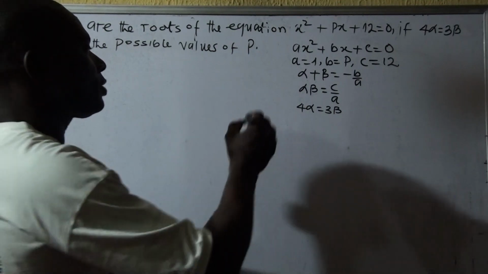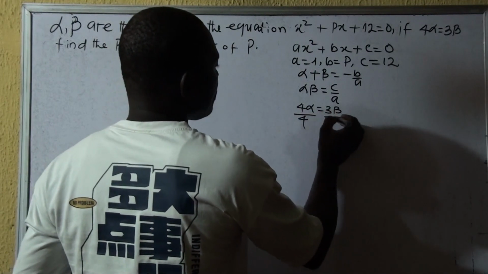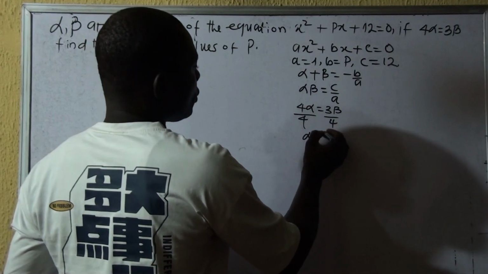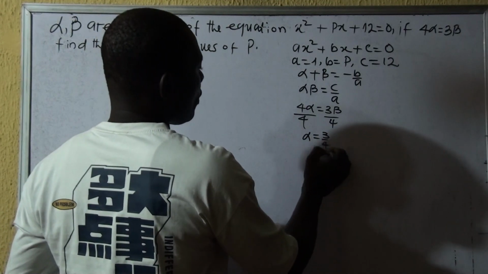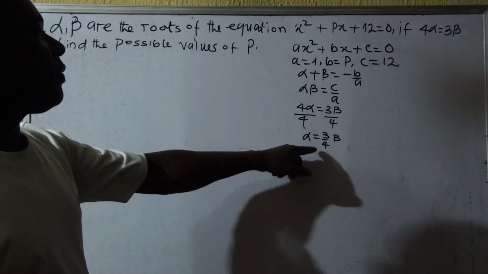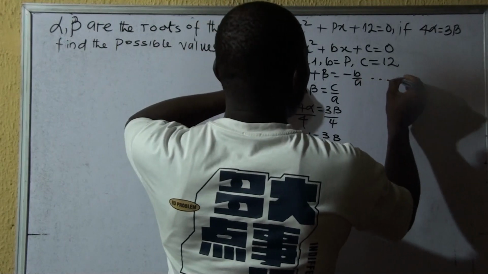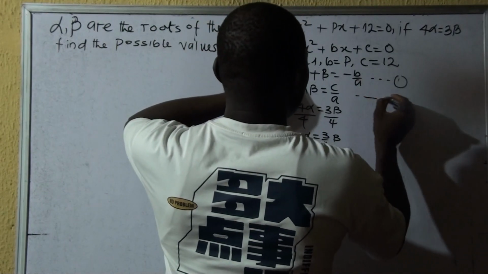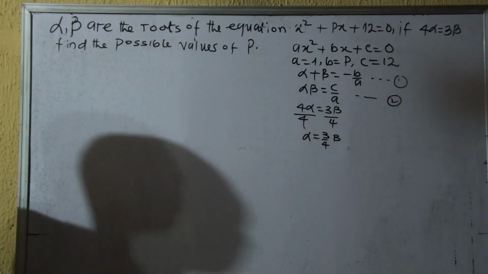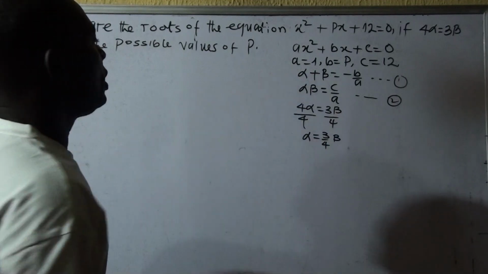Let's make alpha the subject by dividing both sides by 4, so that alpha is equal to 3 over 4 beta. Let's assume this is equation 1 and this is equation 2. We will substitute 3 over 4 beta in place of alpha.